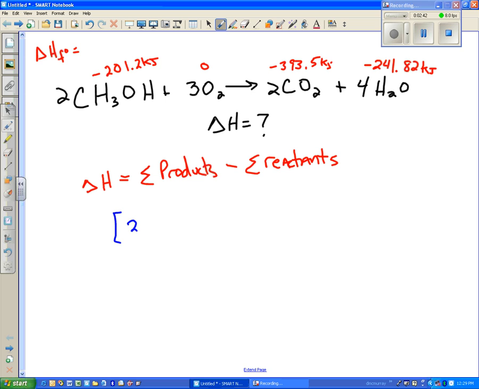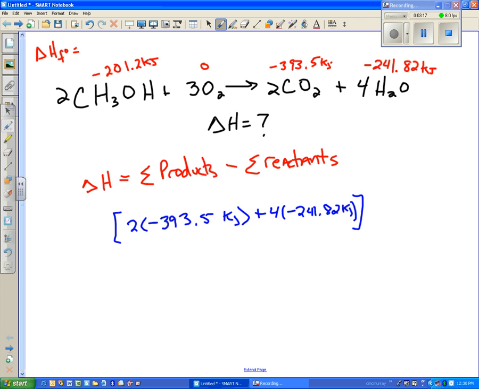So I'm going to multiply 2 times negative 393.5 kilojoules plus, well, sorry, we have to multiply by the coefficient, 4 times negative 241.82 kilojoules.